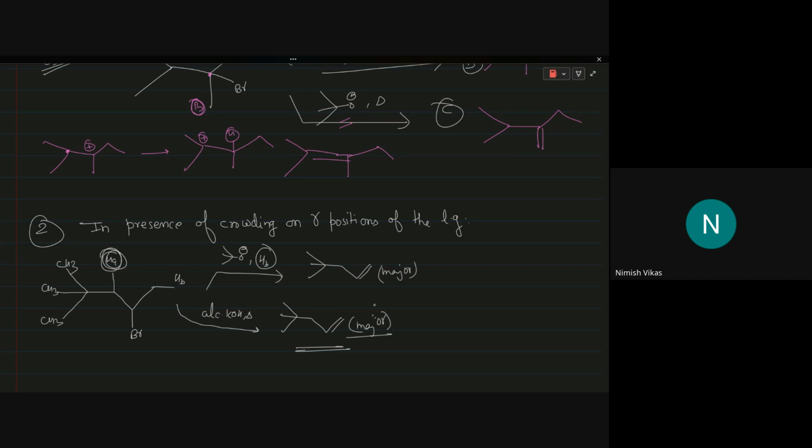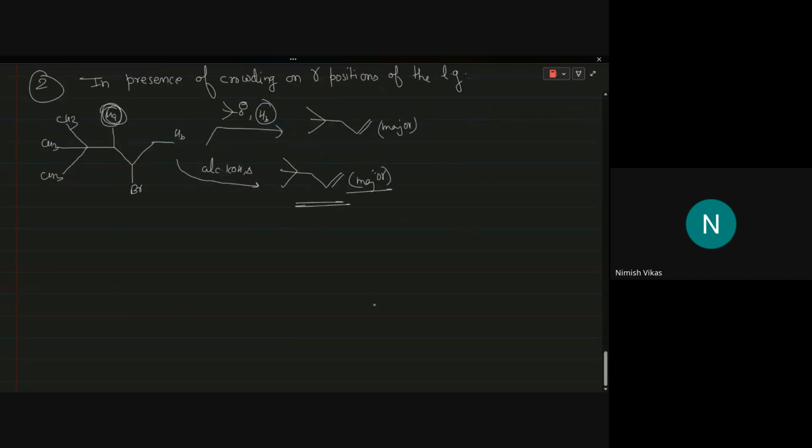Okay. Some more points we will discuss. One last reaction is there. That is the E1CB reaction, although it is not so important like the previous reactions were. But quickly we will go through this particular thing. The last reaction is E1CB reaction, right?